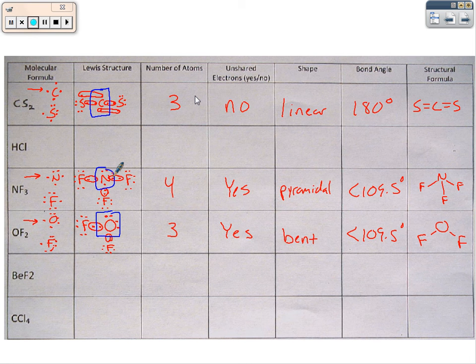5-atom molecules, very straightforward. They can only be one shape. To get a 5-atom molecule, you're going to have to use up all the electrons available for bonding. You're typically going to find carbon or silicon in your central atom position. Those are the only ones that can make enough bonds to do this.